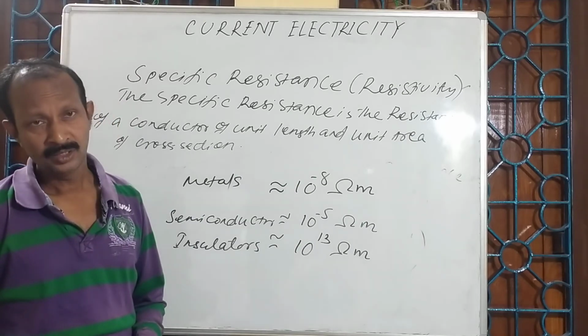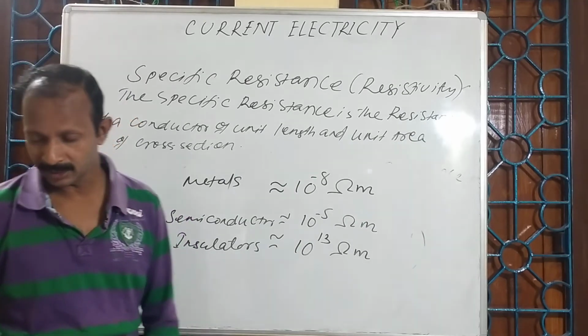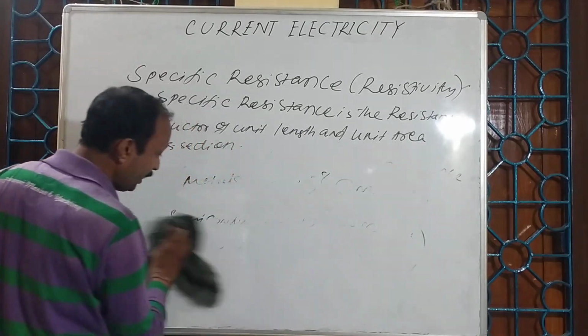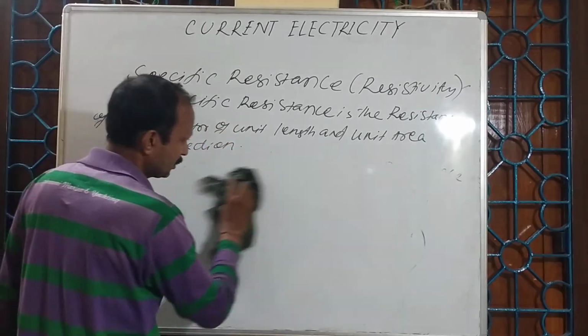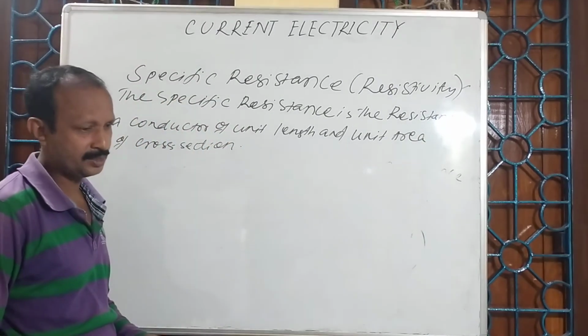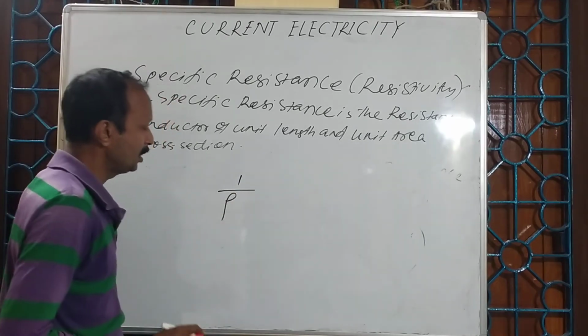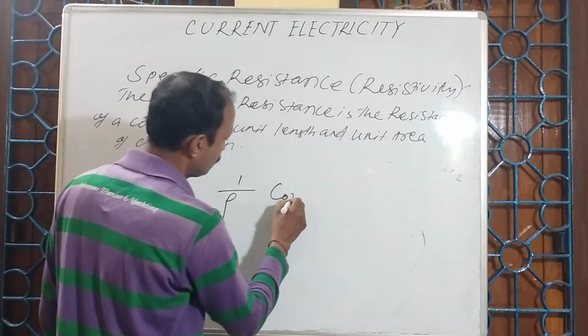Can you say what is the reciprocal of resistivity? Definitely, the reciprocal of resistivity is conductivity. In the previous video I said the reciprocal of the resistance. Now I am telling the reciprocal of the resistivity, which is called the conductivity.